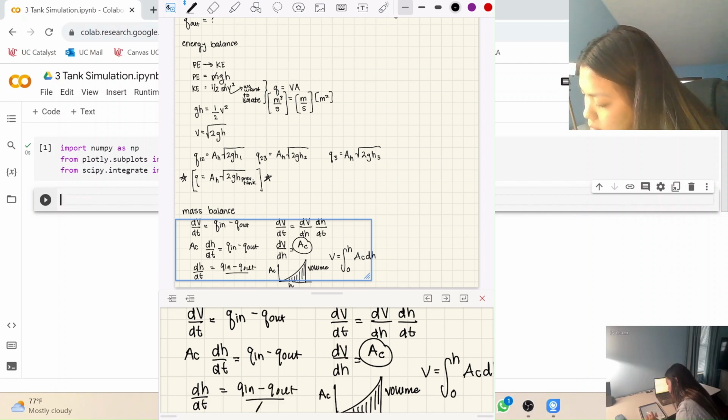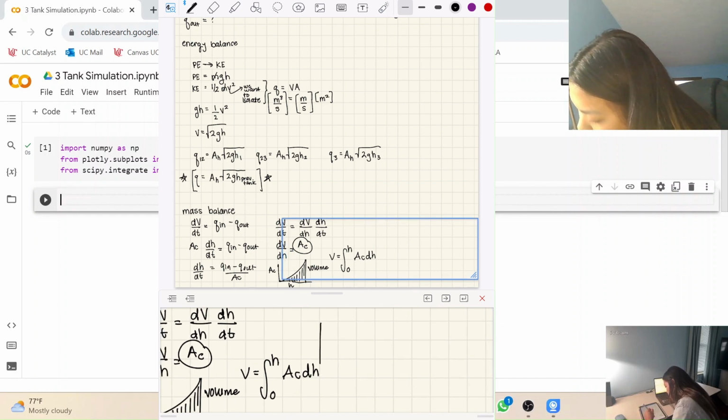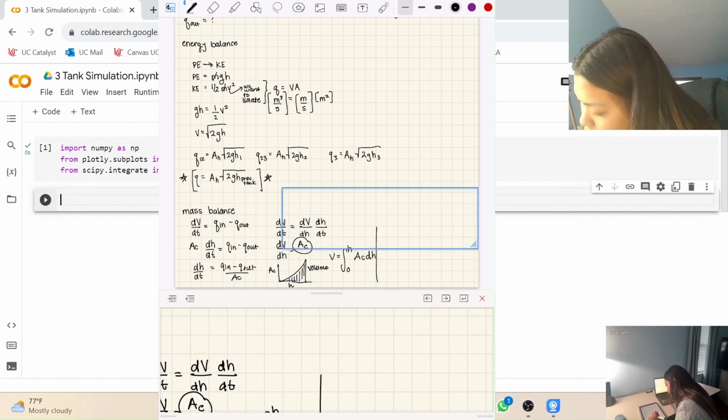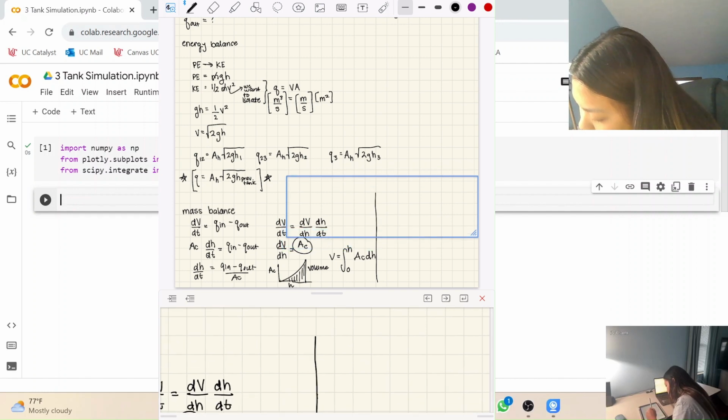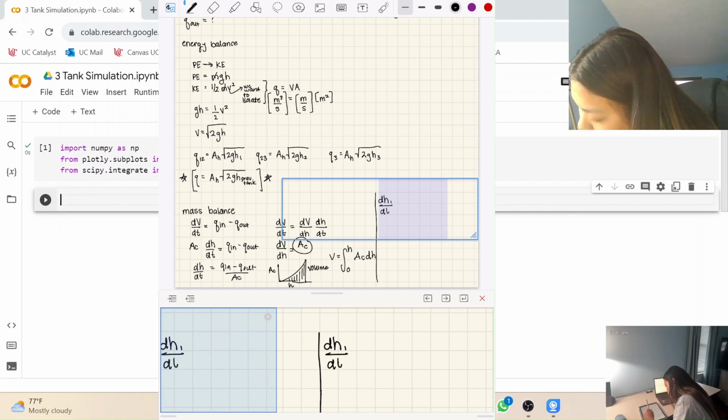Because we have 3 tanks, we're going to write the 3 equations, one for each tank. The change in height of tank 1 with respect to time is going to be the flow in minus the flow from tank 1 to tank 2, divided by the cross-sectional area.